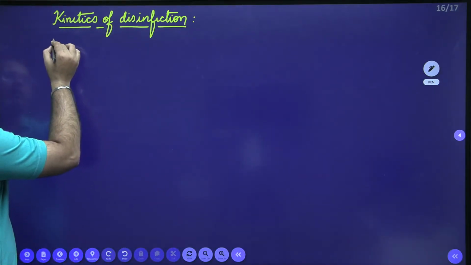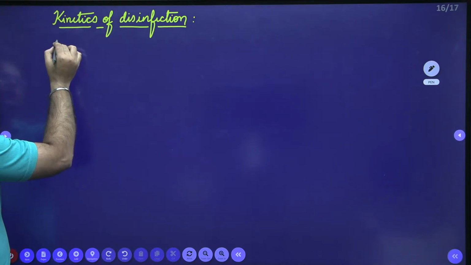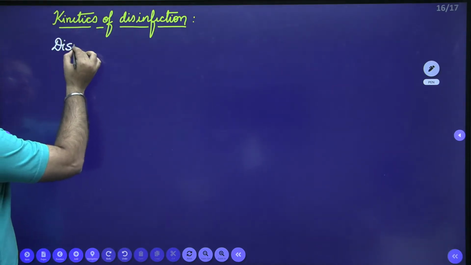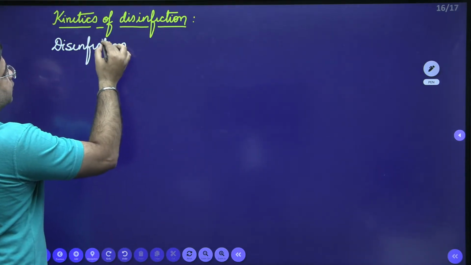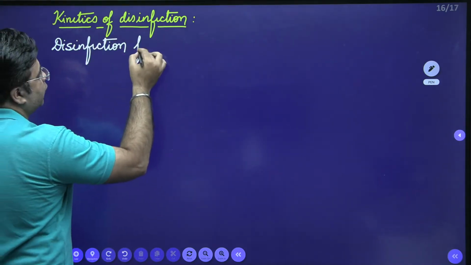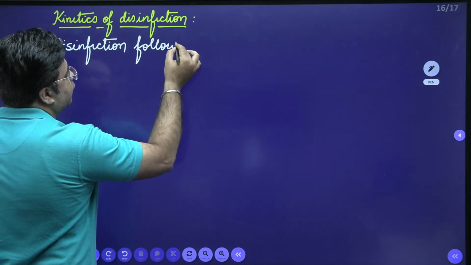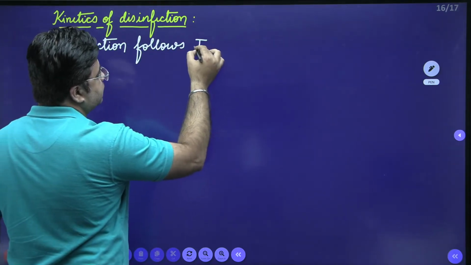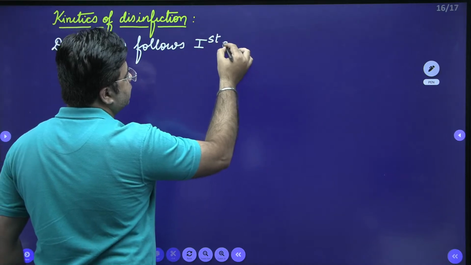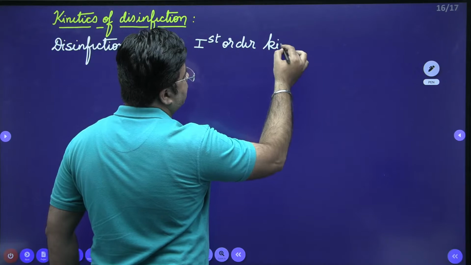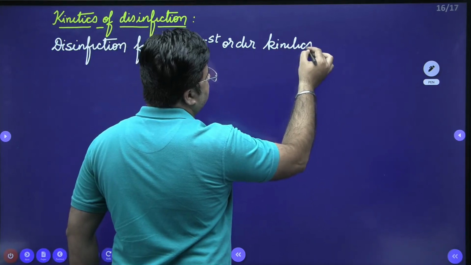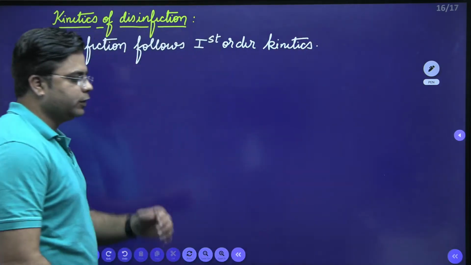So kinetics of disinfection follows first order kinetics.